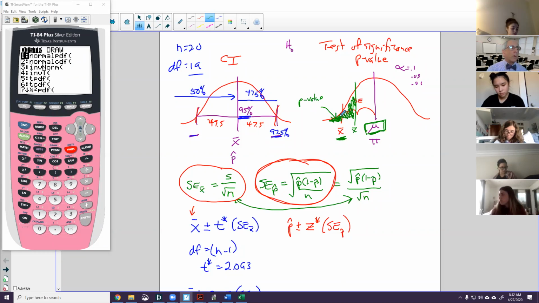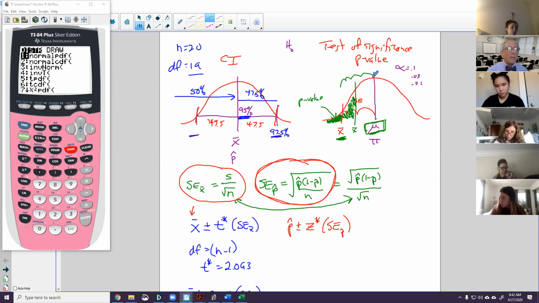What I did after that was I said, if the p-value is really small, so if this is a lot of standard deviations away from the mean, can you see then that my p-value is going to be really small? Yeah.